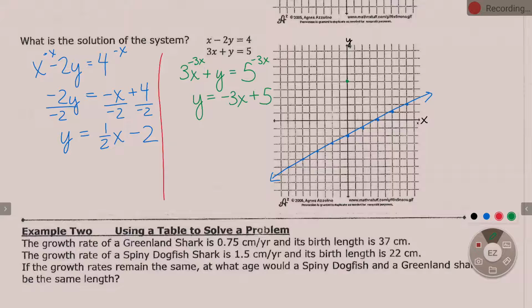Where do I go from this positive 5? My slope is negative 3. What is negative 3 as a fraction? Put it over 1 to make it a fraction. So from this 5, I'm going to go down 3, right 1. Down 3, right 1. Can I stop making points?